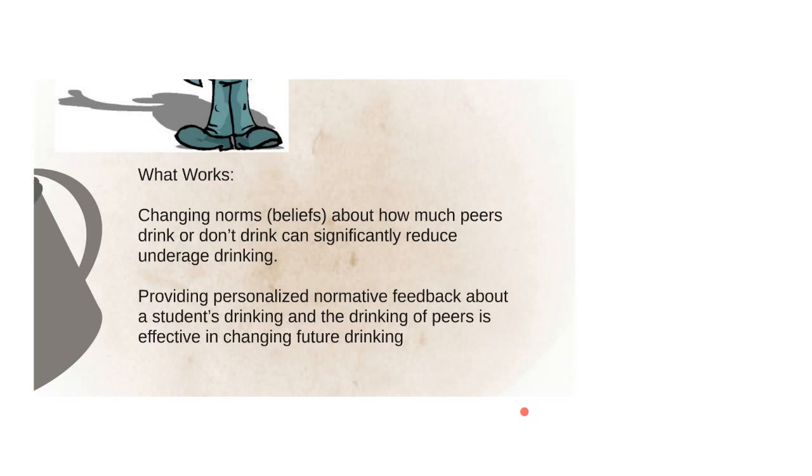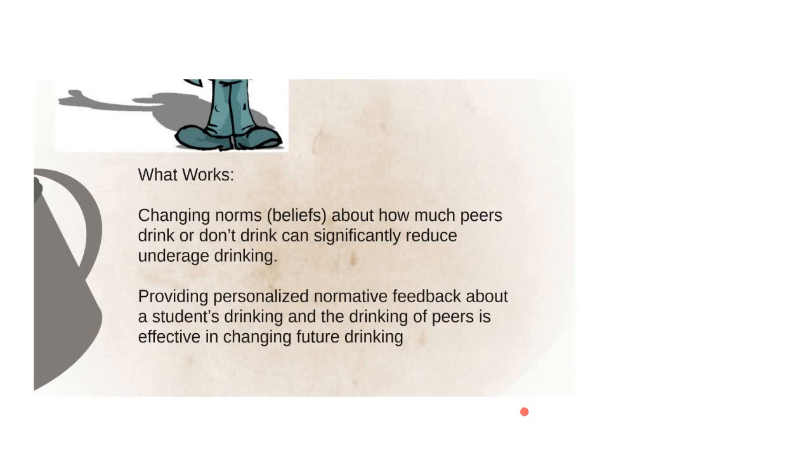So PNF is personalized normative feedback, which is feedback about their own drinking in comparison to the drinking of their peers or even other adults. It's just as effective. So it doesn't make any difference which reference group they're using. We're finding that for some people, a reference group like, well, those people are not like me because they're adults, is effective or is not effective.